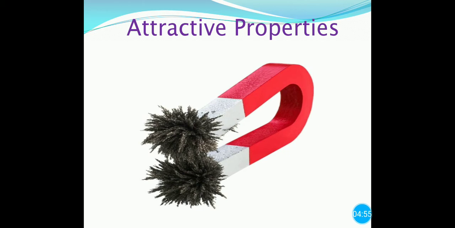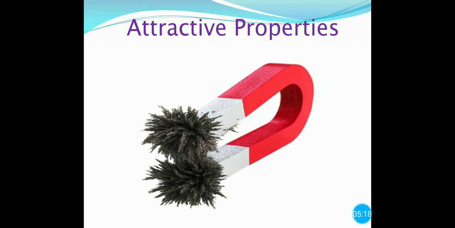The magnetic field is very strong at its ends, that is on the poles, but weak on other surfaces of the magnet.